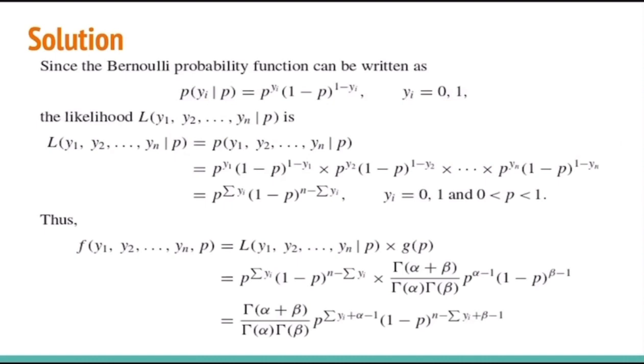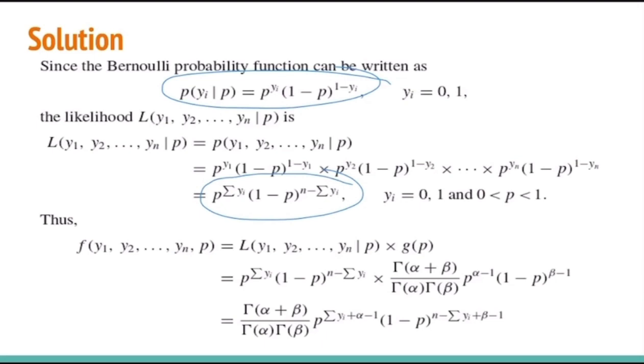This is a likelihood distribution. That is a Bernoulli, and you find the likelihood of the Bernoulli. Of course, you remember I worked through how to find the likelihood function given a distribution.